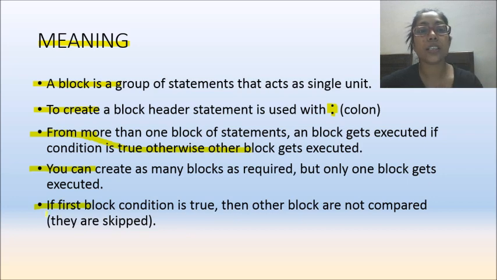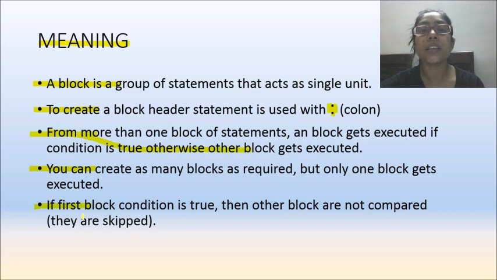Another rule says if the first block condition is true, then all other blocks are not going to be tested. They get skipped by the compiler or the interpreter. Suppose you have made 5 blocks and the fourth block condition is true.